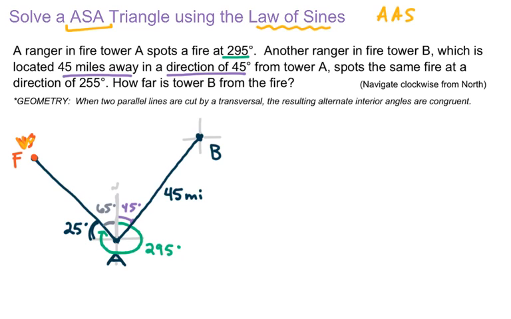So one thing I know is that this angle between north and this ray I've drawn, AB, is 45. Well, that would mean then up here, this alternate interior angle would also be 45 degrees. So alternate interior angles, 45 each.